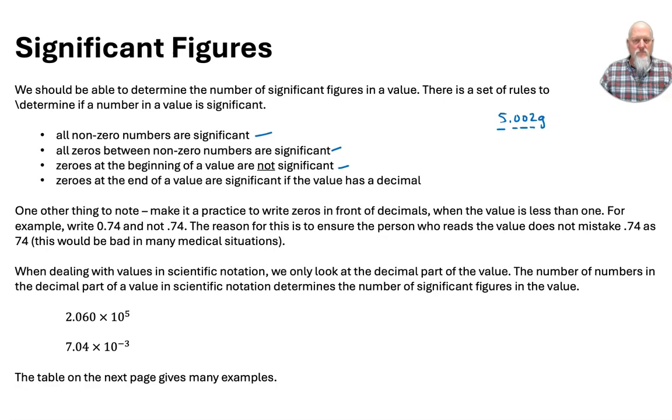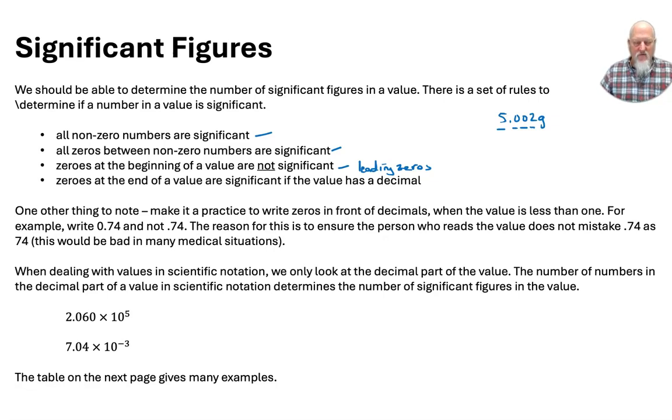2 other rules. We really only care about zeros, because zeros are the things we have to determine if they're precise or not. Zeros at the beginning of a value are called leading zeros. Leading zeros are not significant. They're only there to show us how small the number is.